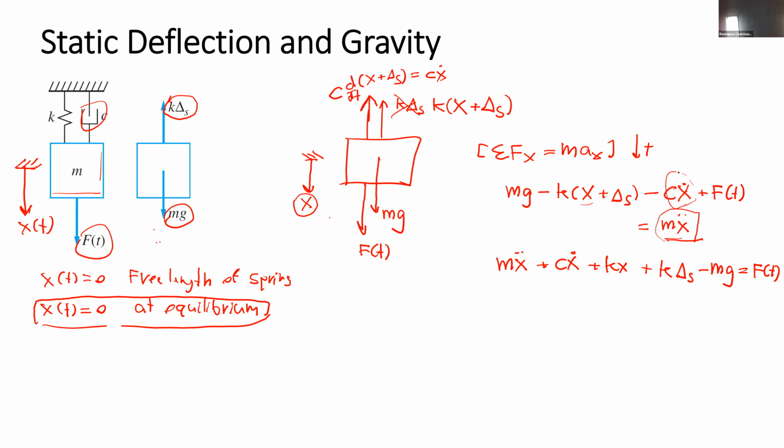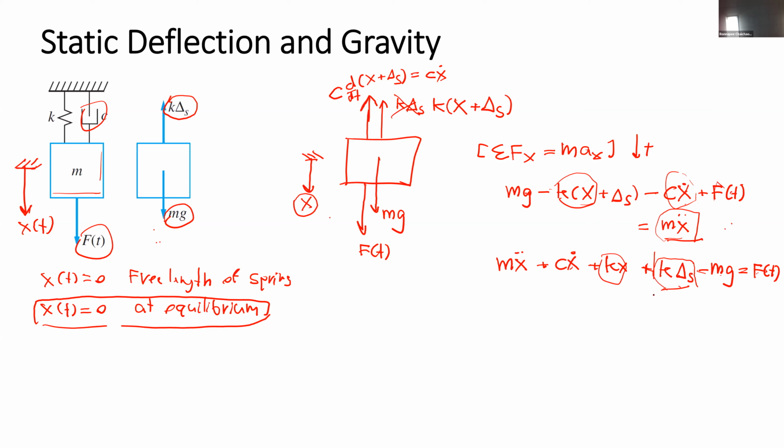We move c x dot to the left-hand side. We move kx to the left-hand side. We also move k multiplied by the static deflection to the left-hand side, so from minus it becomes positive, and mg becomes negative, and F(t) is still on the right-hand side, so it is still F(t).